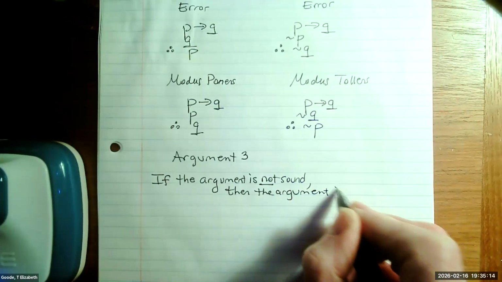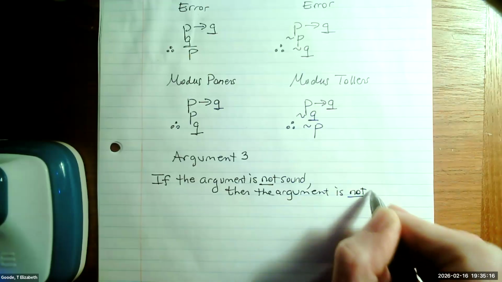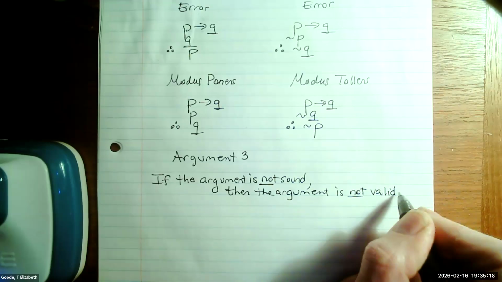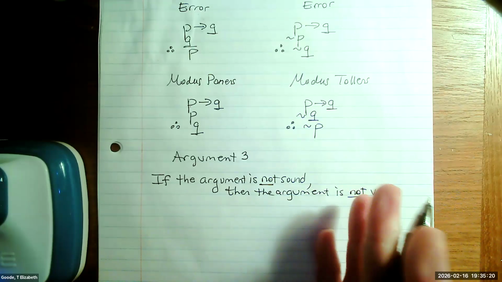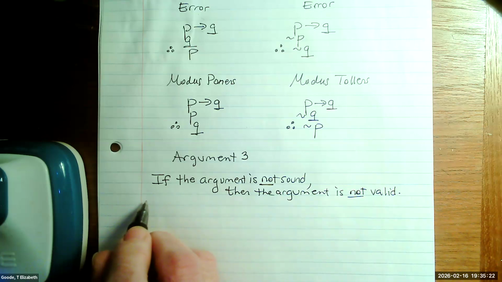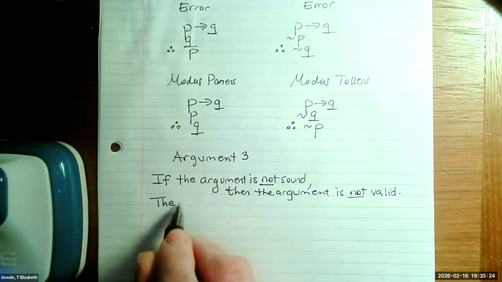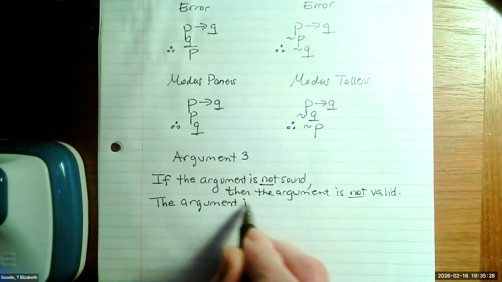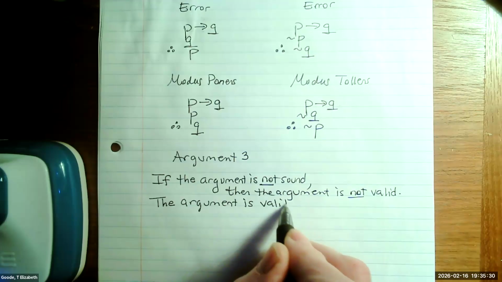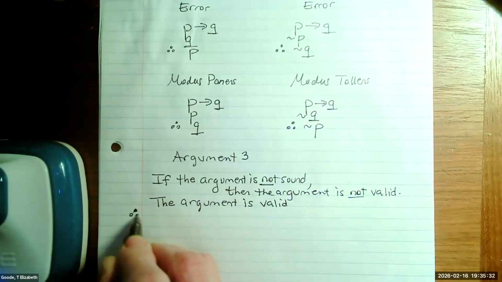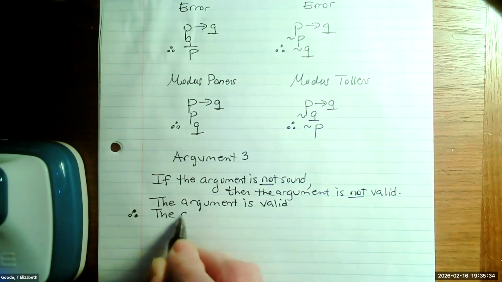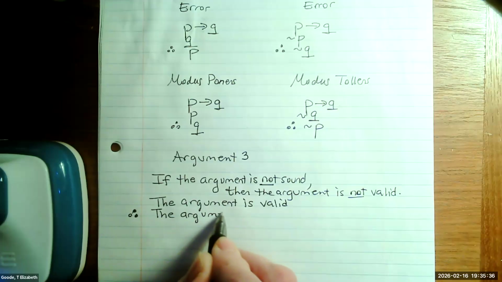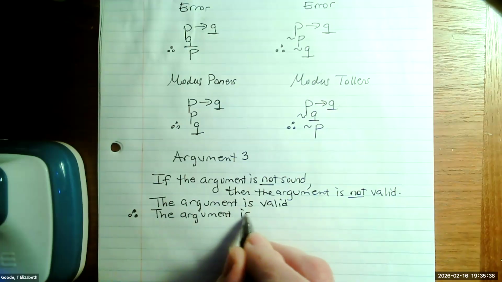So you have to make a decision about your key. Are we going to include the not or are we not going to include the not? Once you make that decision, it should work out either way, no matter whether you make your key with the not or you don't.